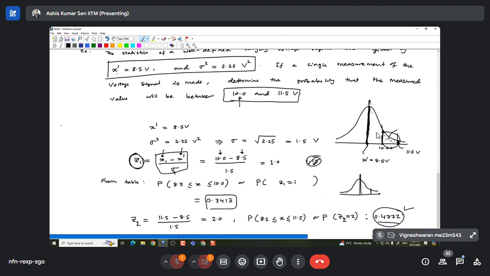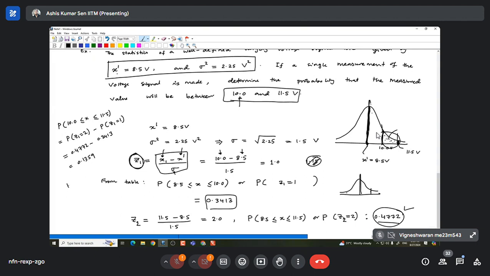The probability that the data is going to lie between 10 and 11.5 is the probability corresponding to Z1 equal to 2 minus the probability corresponding to Z1 equal to 1, which is 0.4772 minus 0.3413. We got this as 0.1359.